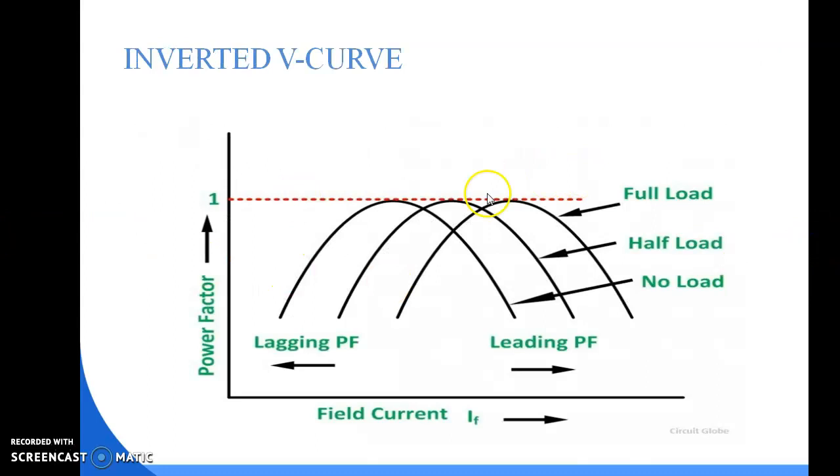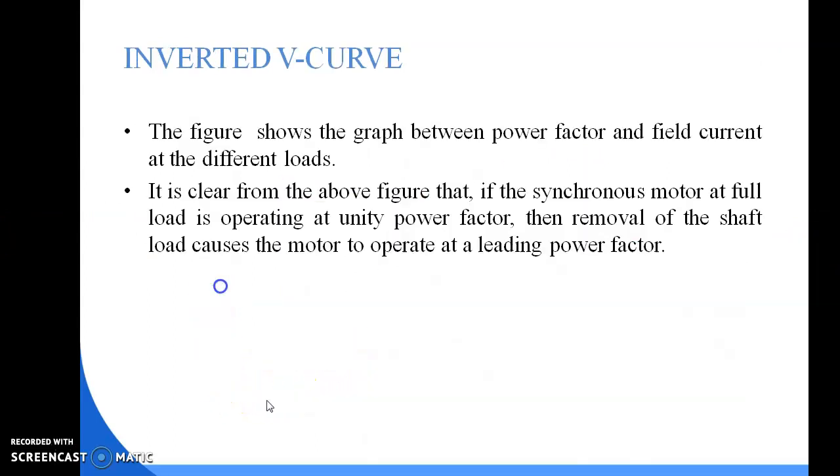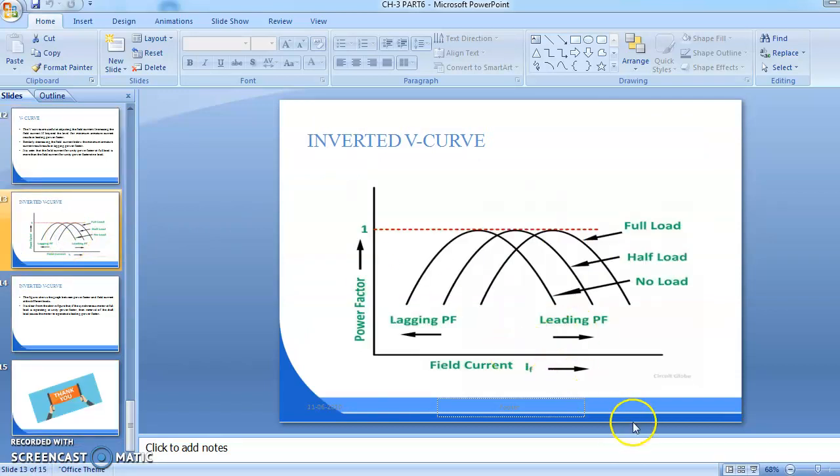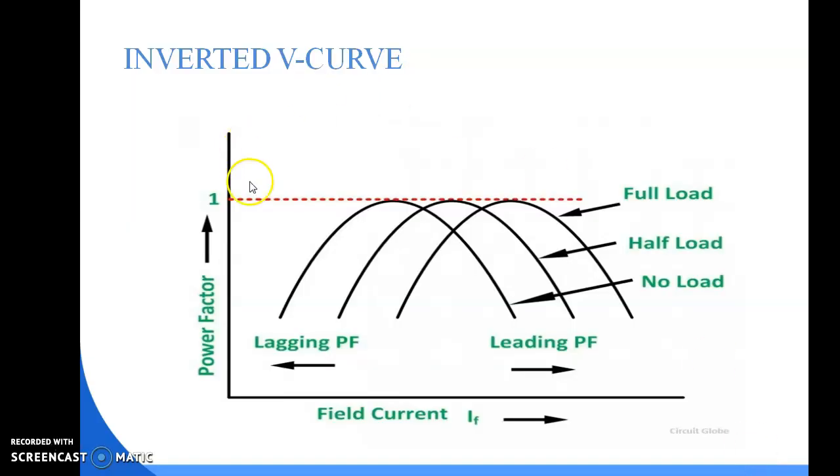Now you can see the inverted V curve. So, this is the curve between power factor and field current. Field current is taken on the x-axis and power factor is taken on the y-axis. This is the case for no load, this is for half load, this is for full load.